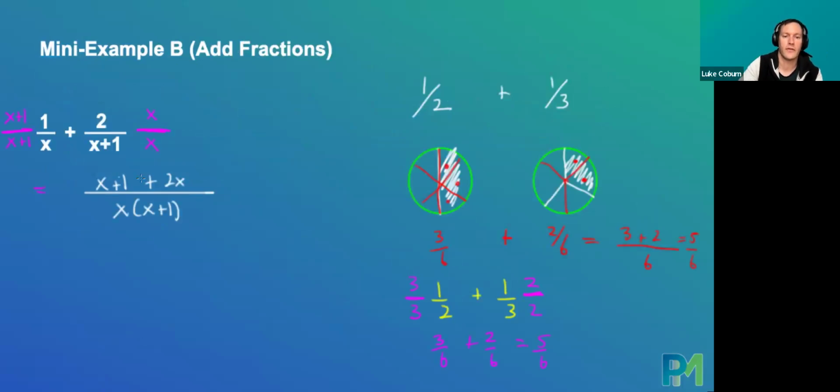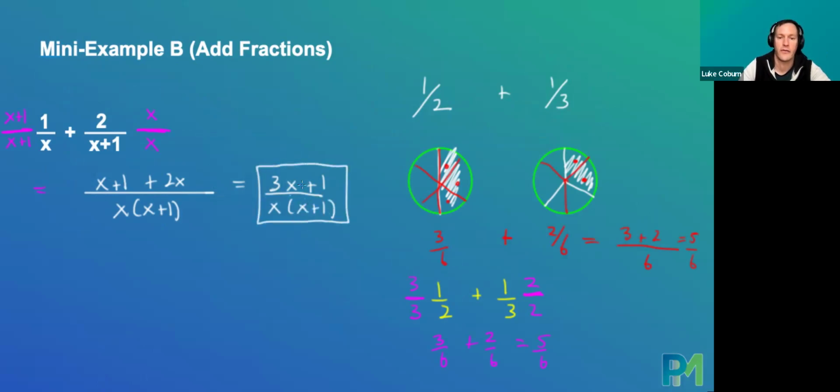Okay, where are we? If I look now at the top line, I have an x and 2x, so this is a 3x, and then I have a plus 1, all over x times x plus 1. And I can't go any further. I can't factorize.